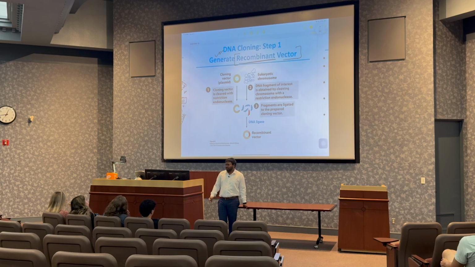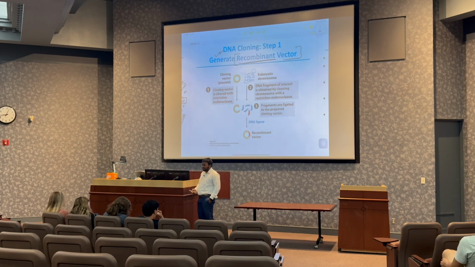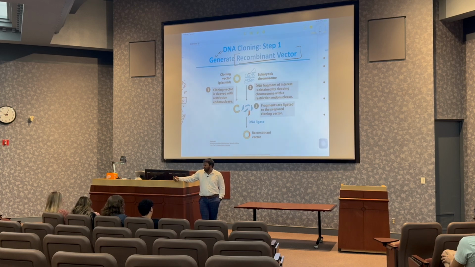That's why you need something that replicates very fast, mostly an organism with a life cycle of 20 minutes maybe, like Escherichia coli, which is a bacteria. If you want to see whether something is working or not, you can do an experiment using animals that have a shorter lifespan. Then you can get the results within 20 minutes rather than waiting for 80 years.